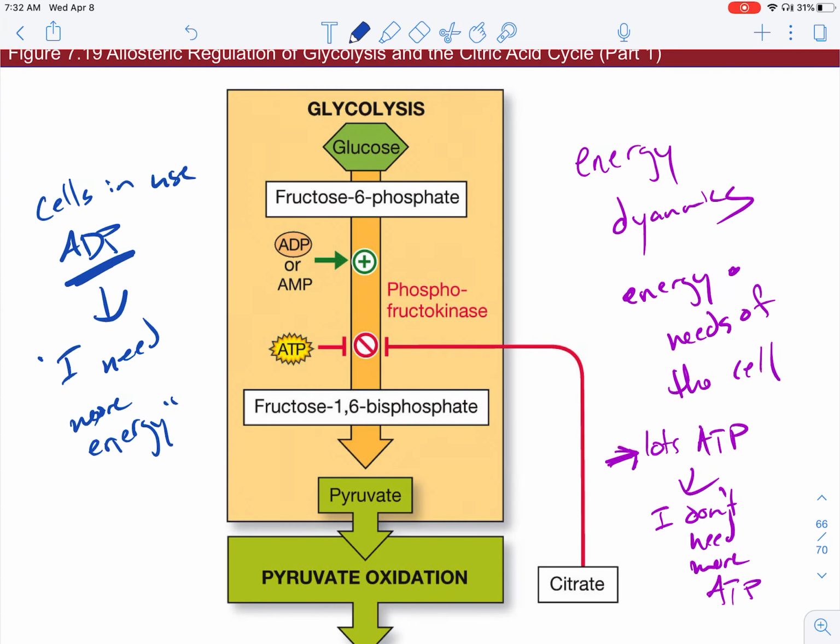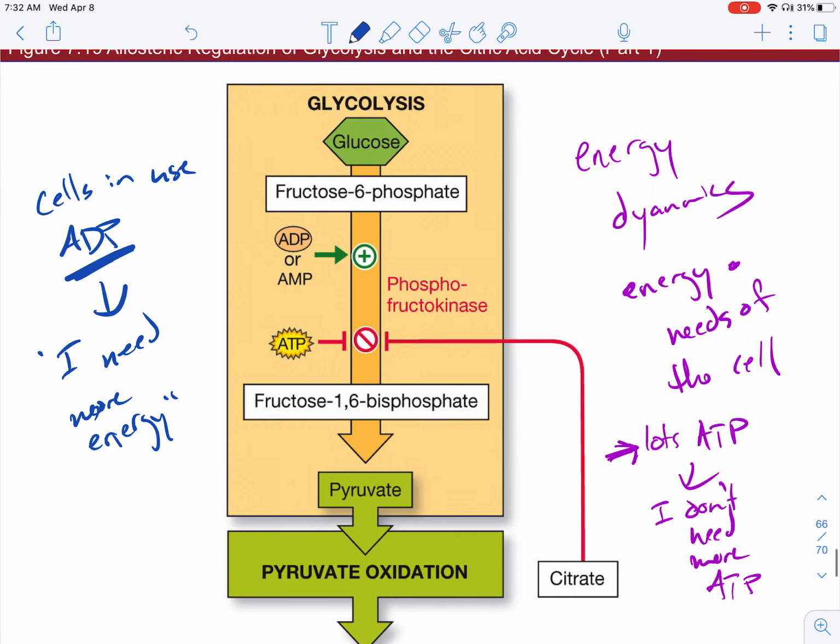So this pathway at various points will be inhibited by concentrations of ATP. So increasing concentrations of ATP blocks the pathway to make more ATP. On the flip side, it's going to be enhanced or activated by increasing concentrations of ADP because that says, hey, cells at use and I need more energy. And so that's going to drive the process.